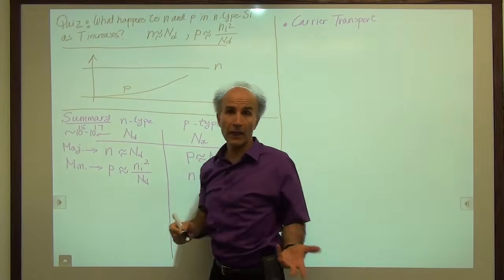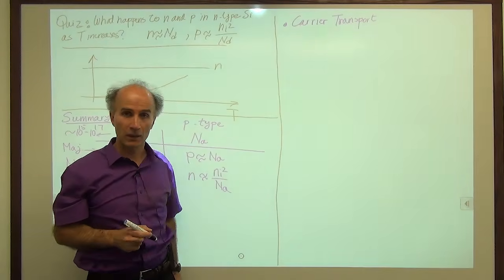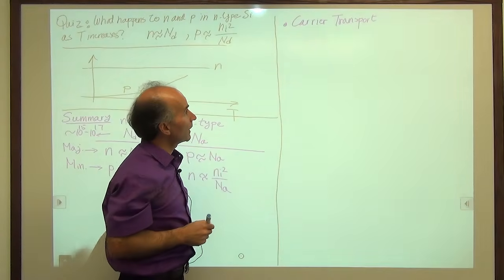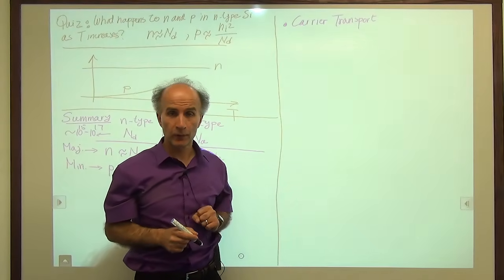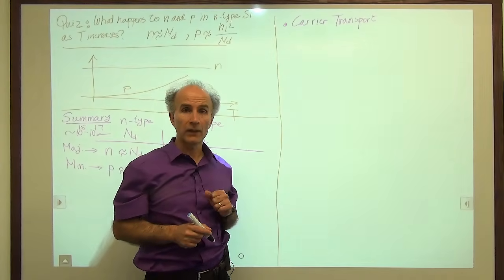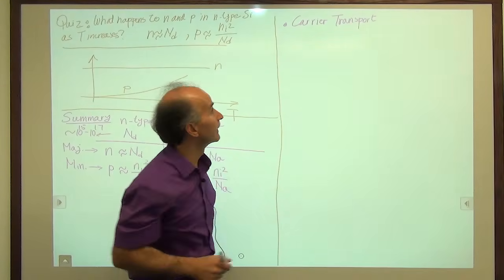Carrier transport is another name for charge movement in a semiconductor. Okay, so as I mentioned at the beginning, there are two mechanisms for carrier transport. One is called drift and the other diffusion. So we'll now focus on drift.